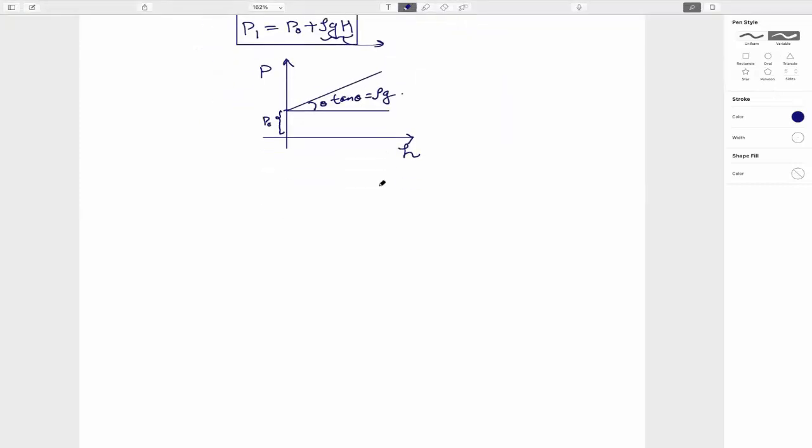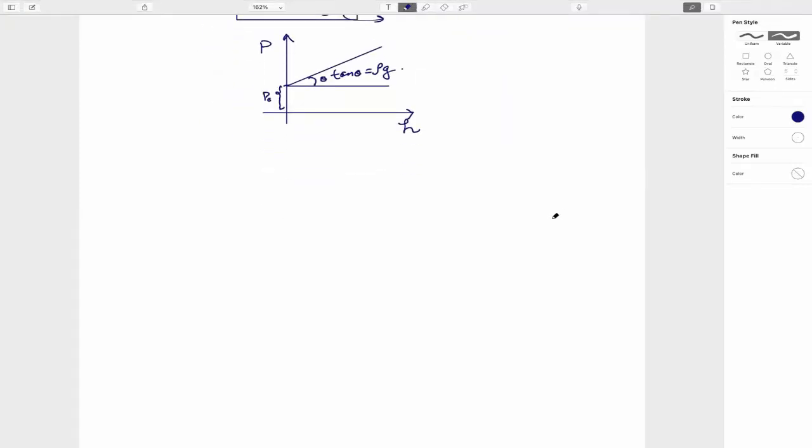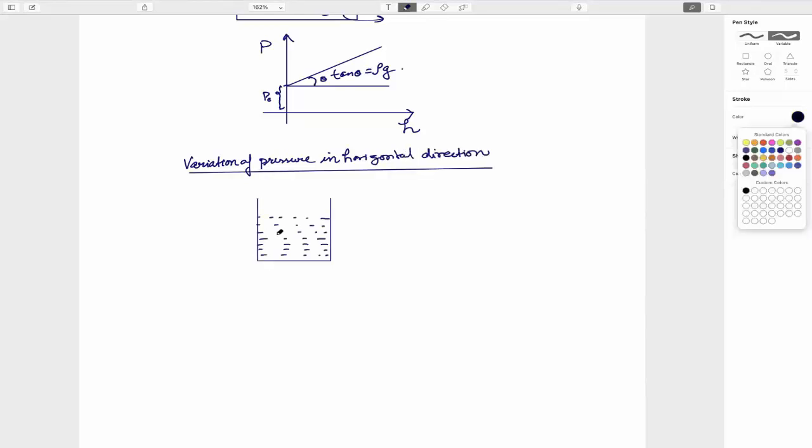Let's quickly discuss pressure in the horizontal direction. So variation of pressure in the horizontal direction in fluid statics. Keep this in mind that we are currently studying the fluid statics. So we have this bucket of fluid.